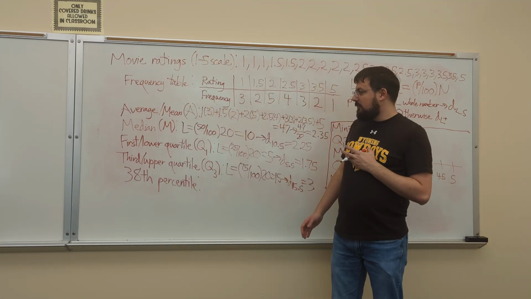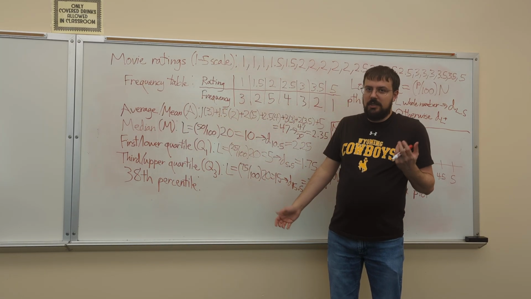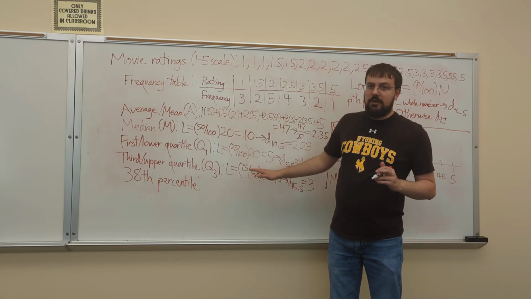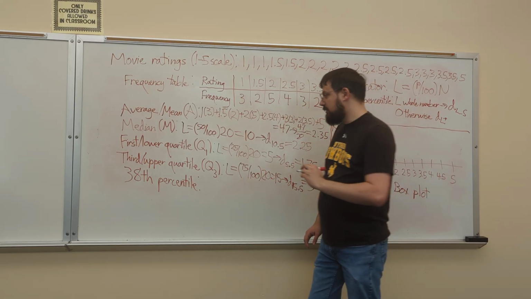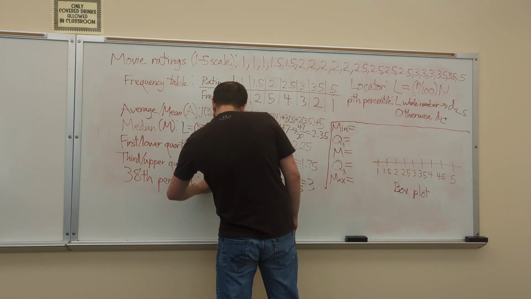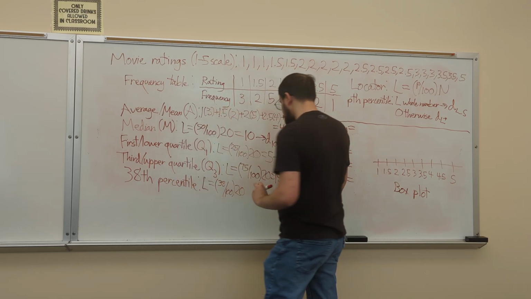The last one that we'll look at is the 38th percentile. This is just sort of a random percentile that I picked out. So we're going to start by finding the locator exactly the same way that we did with all these other ones. So 38 over 100 times 20.